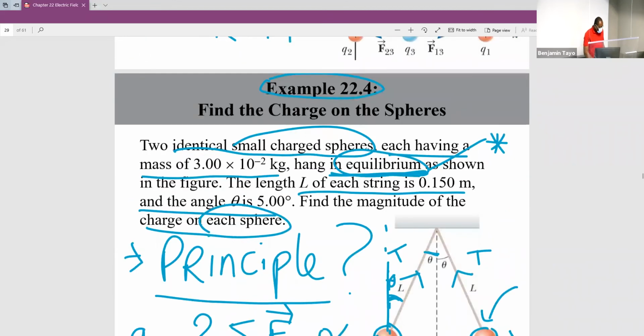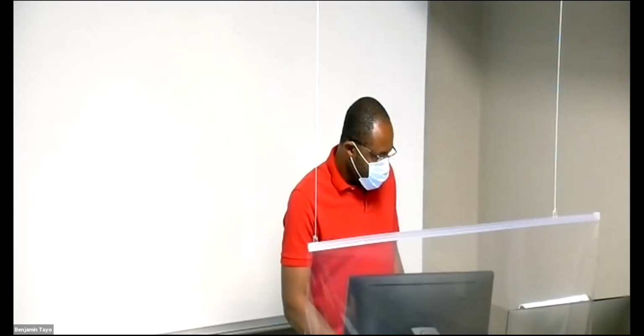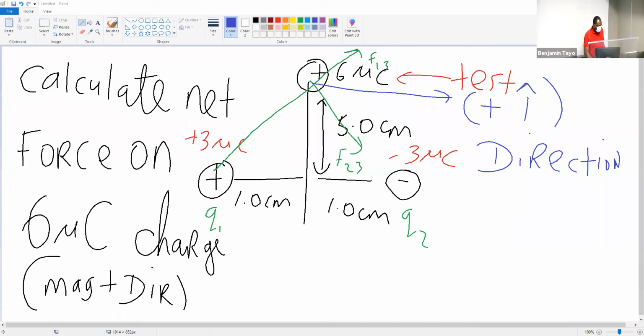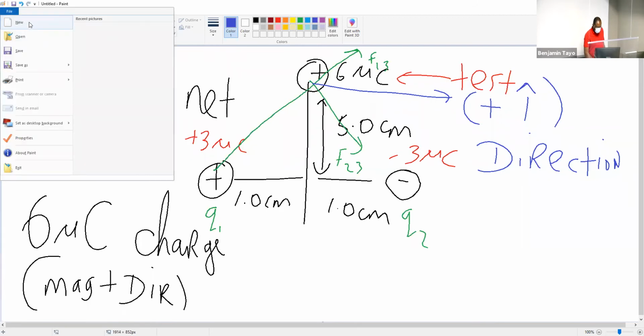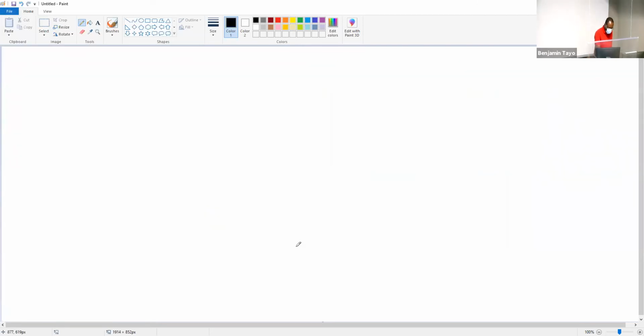Now, let me go ahead and share, so I can explain this a little bit more. So this is the problem that we're talking about here. So this is a positive charge.